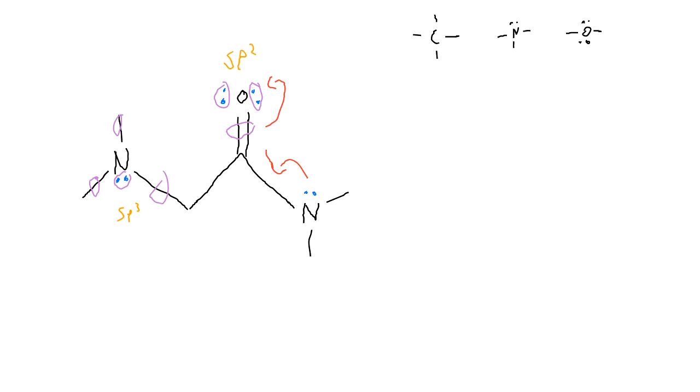And then last but not least, this nitrogen, it looks like it's in sp3, but once again, remember that you have to take resonance into account. So this lone pair, it can resonate here, but it can also exist on the nitrogen.